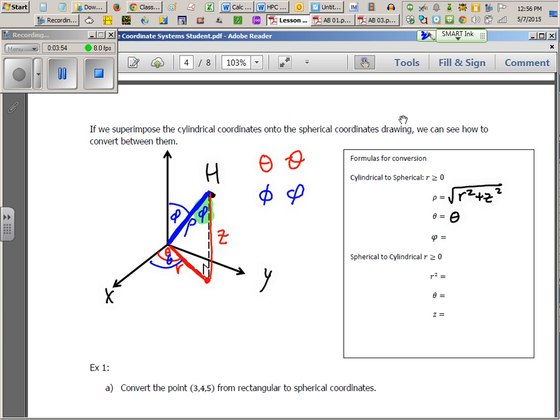Okay, do you guys see that these two angles are actually the same? They're alternate interior angles, basic geometry. That's important because that's the one inside our triangle, so we'd rather use the green. You can see that one of the relationships you could write is that phi is inverse cosine of z over rho.